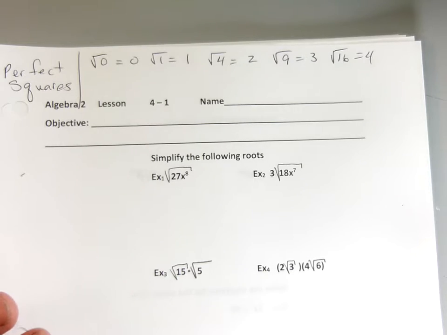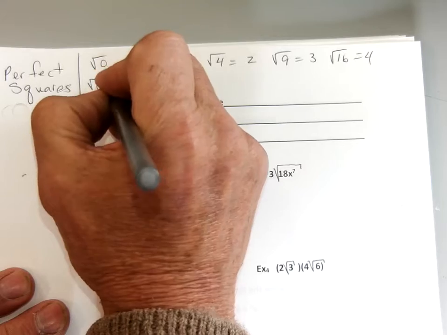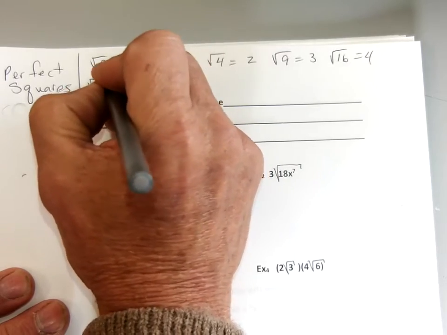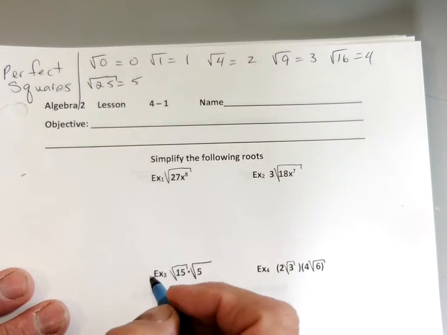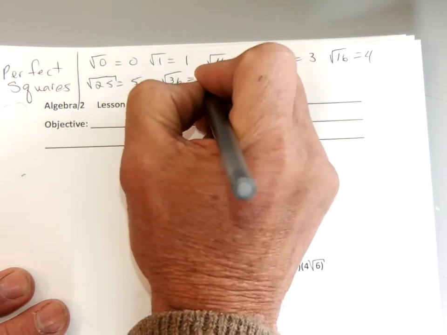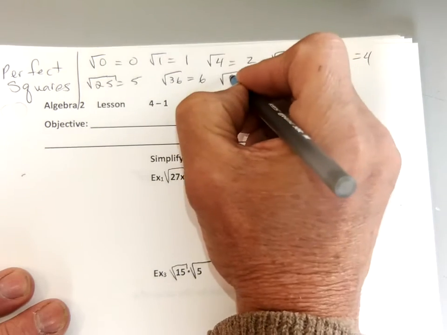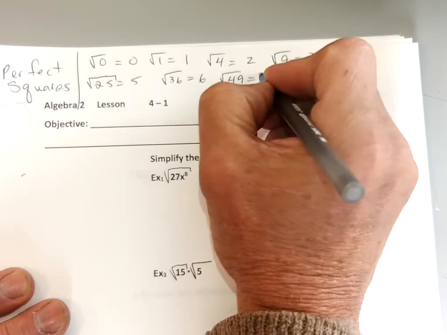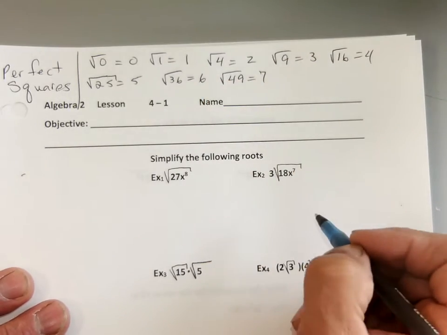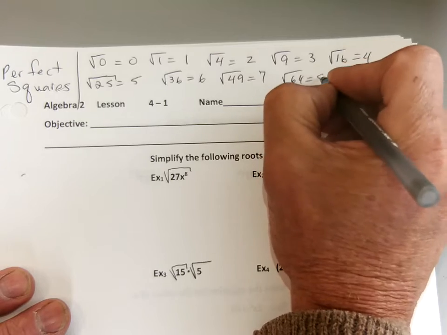We know the square root of 25 is 5. The square root of 36 is 6. The square root of 49 is 7. The square root of 64 is 8, right?